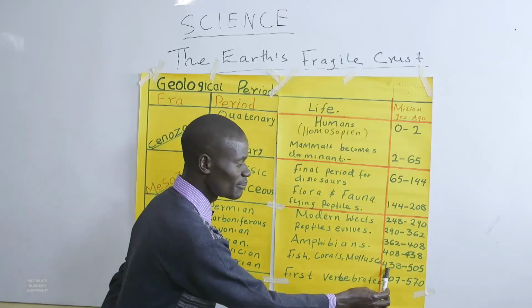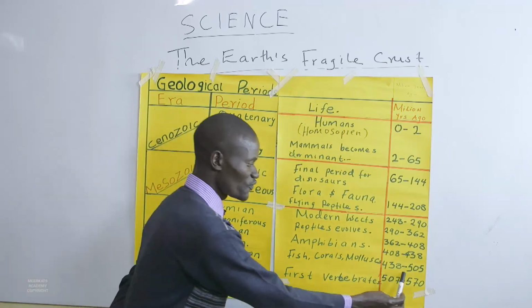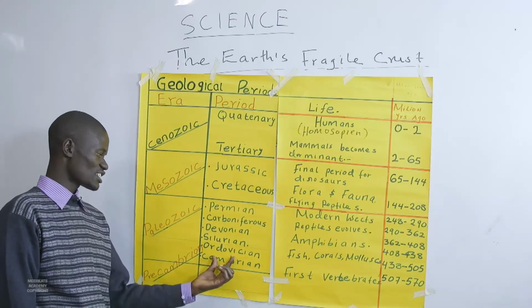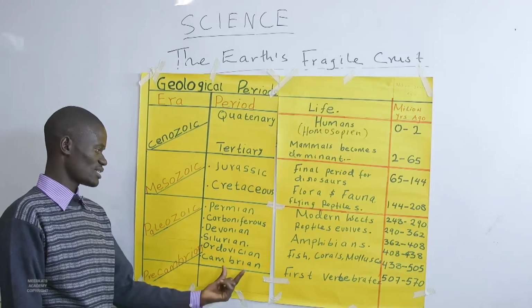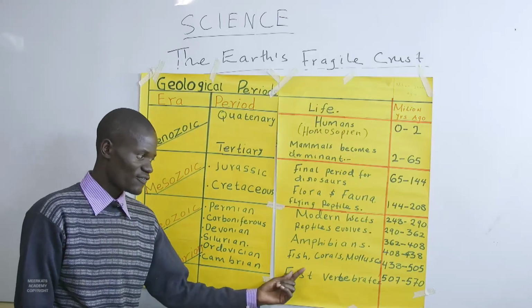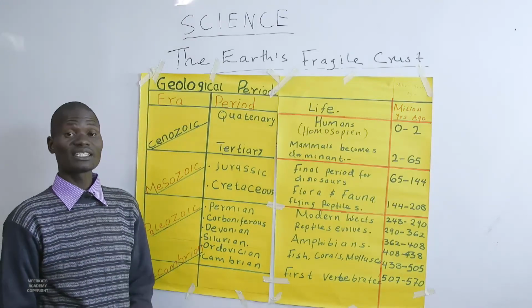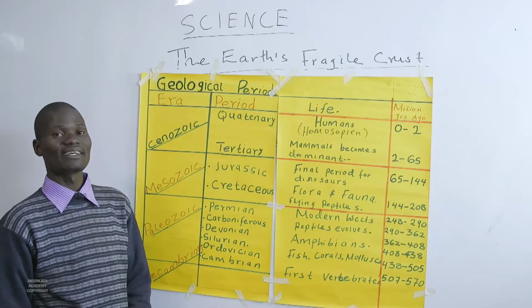These existed between 438 to 505 million years ago. And then the last period of the Paleozoic is the Cambrian, where we had the first vertebrates to be found.